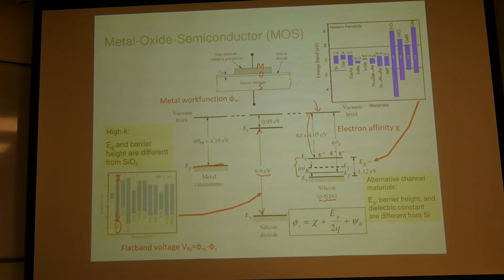This is metal, for example, aluminum. Similarly, for the electrons in the metal to jump from this Fermi level to the vacuum level, there is an energy. Sometimes this is called the work function, metal work function, phi m.